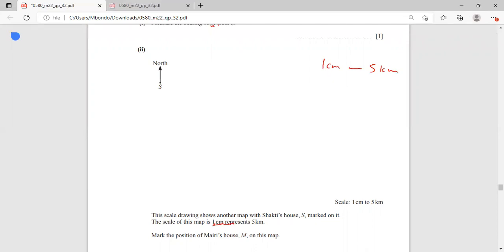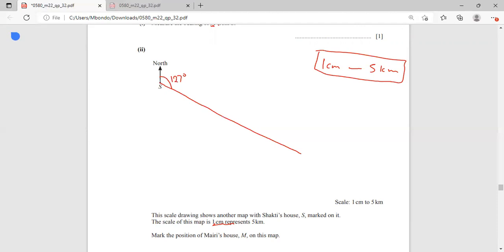The first thing that we are supposed to do here, ladies and gentlemen, is to measure our angle, which is 127 degrees. Then you remember we had this line here. What has changed is the scale.